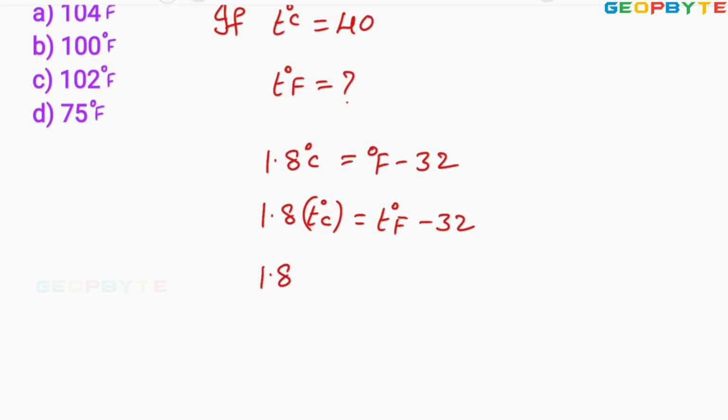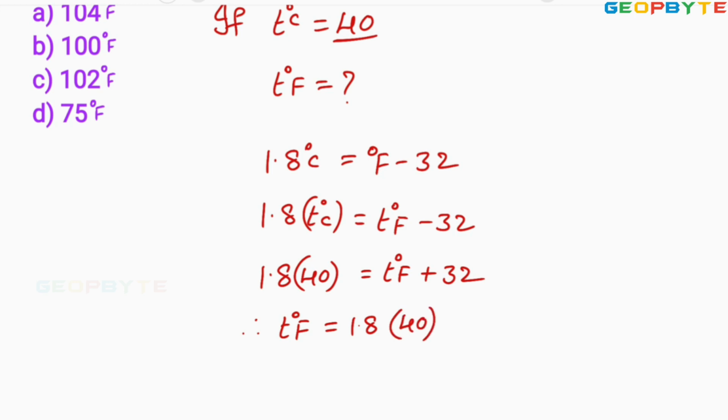1.8 times the, what is the thermometer reading in degree centigrade? 40 is equal to thermometer reading in degree Fahrenheit plus 32. Therefore, thermometer reading in degree Fahrenheit equal to 1.8 times the 40. 1 minute, this is a printing mistake. This is a minus.